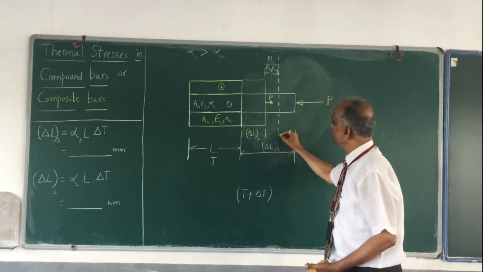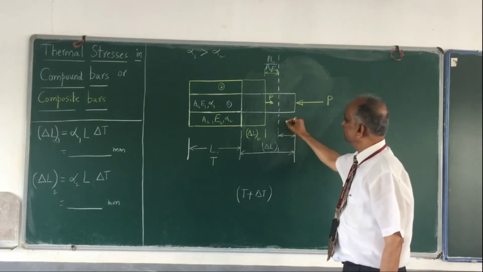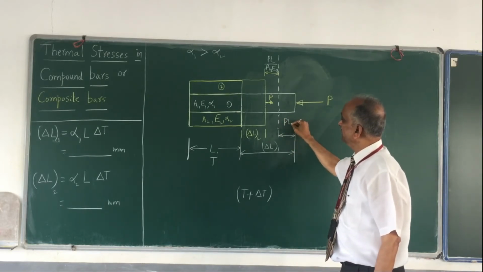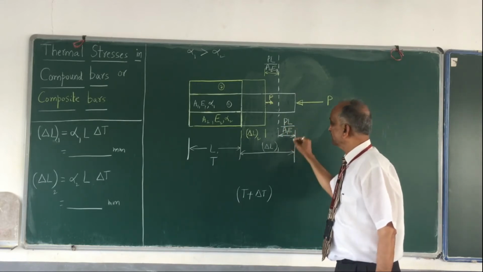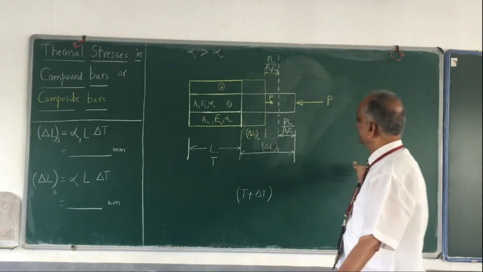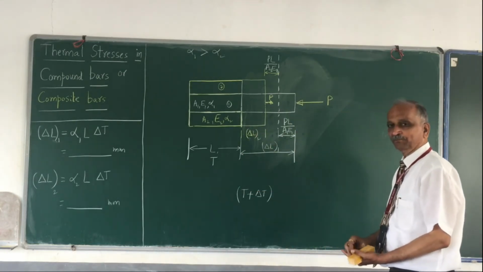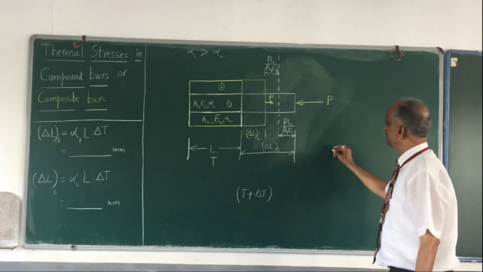Similarly, how much is this portion? This is equal to PL divided by A1 E1. Make use of this entire thing. Now write down the equation. What is that equation? From here to here, how much is that?